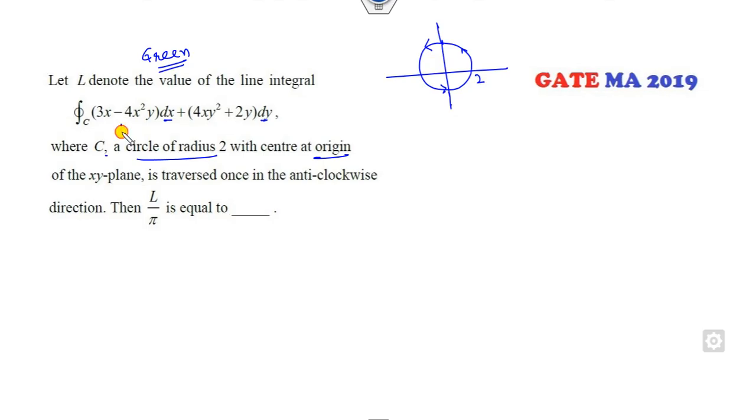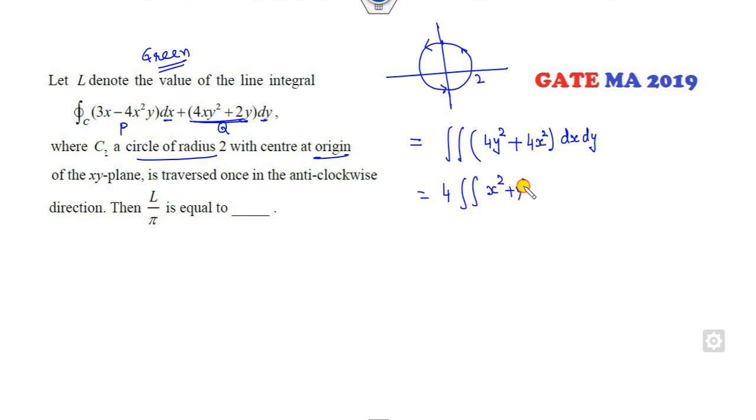So this is my P, this is my Q. Both are continuous functions. Then I can apply the Green theorem: partial derivative of Q with respect to x, 4y square, minus partial derivative of P with respect to y. So this is 0, minus minus plus 4x square dx dy. I can take 4 as a common: double integration of x square plus y square into dx dy.